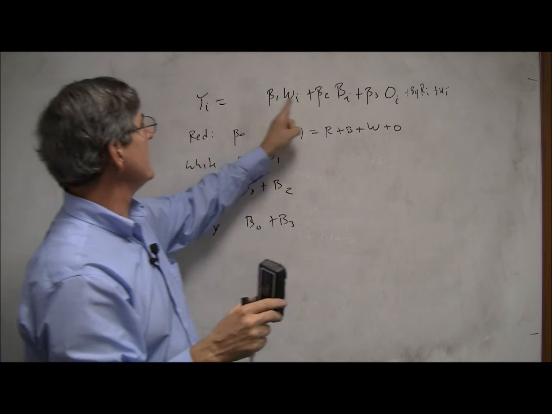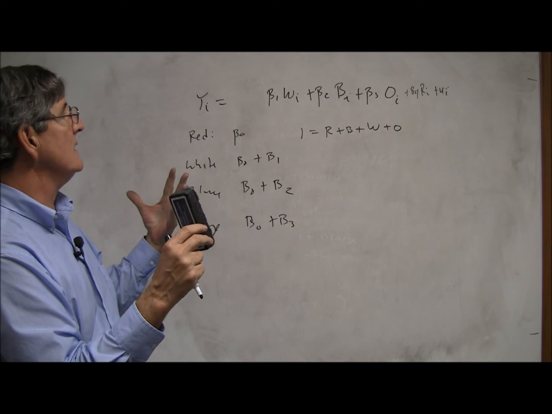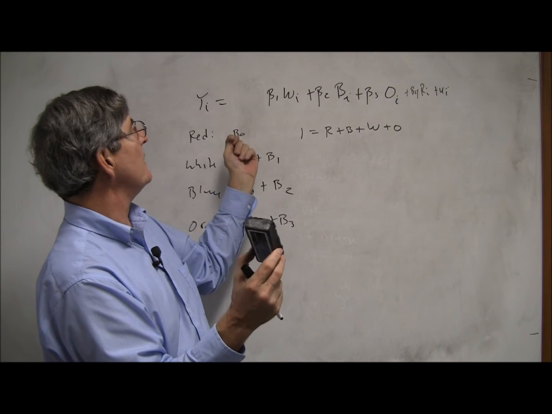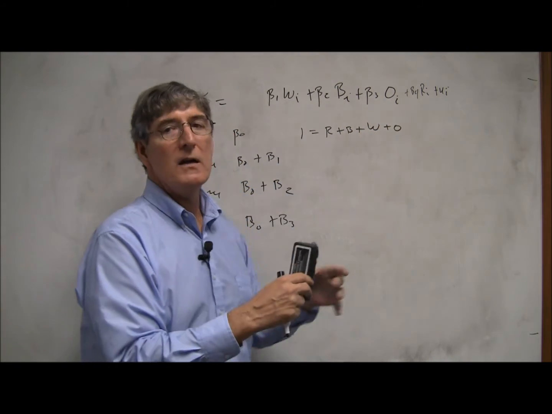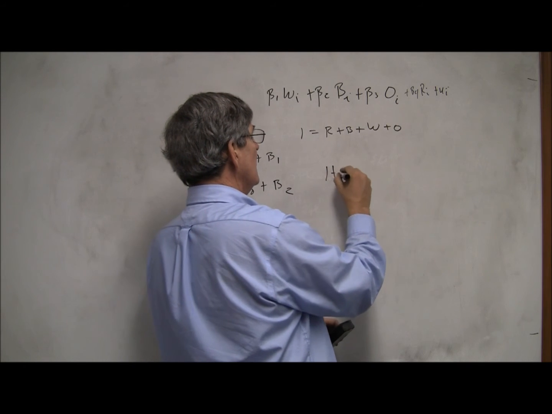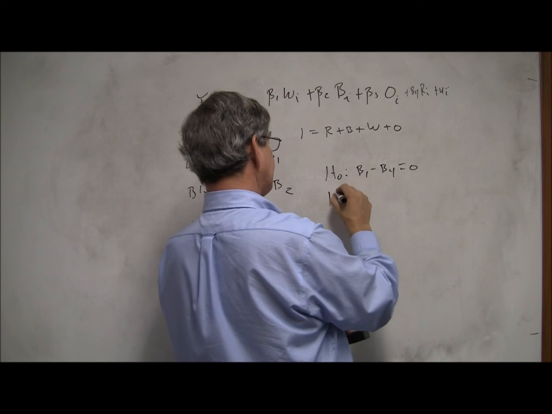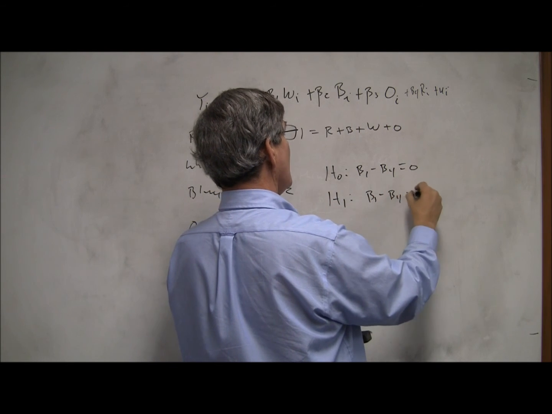And so running it this way, by dropping the constant, you could compare any colors fairly easily just by doing a test. If I want to know, is there any difference in sales between white and red, it's whether beta 1 equals beta 4. Your null in that case would be that beta 1 minus beta 4 equals 0, with your alternative that beta 1 minus beta 4 does not equal 0.